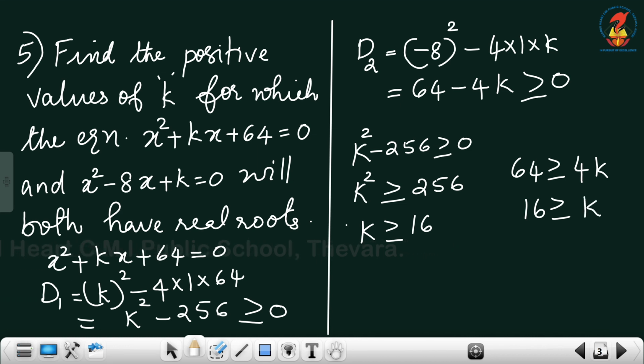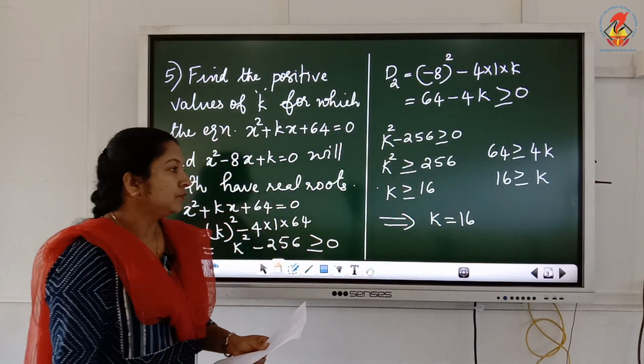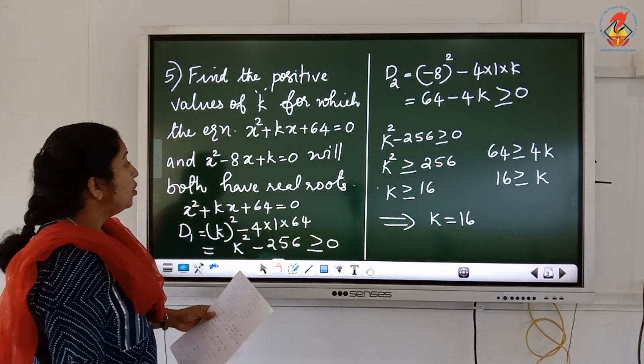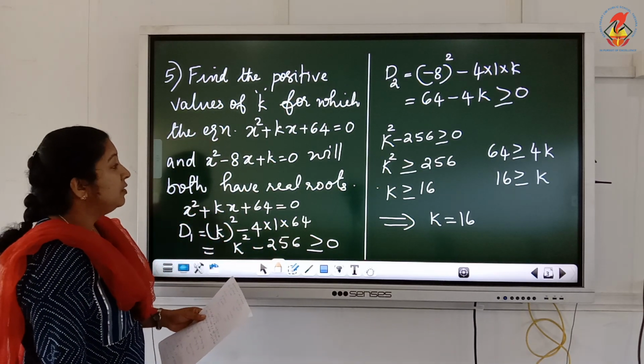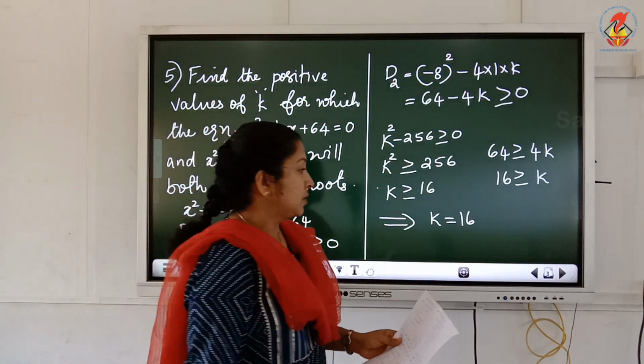That means k is greater than or equal to 16 or k is less than or equal to 16. That means k equal to 16. k equal to 16 is the value of k which gives both the equations real roots.